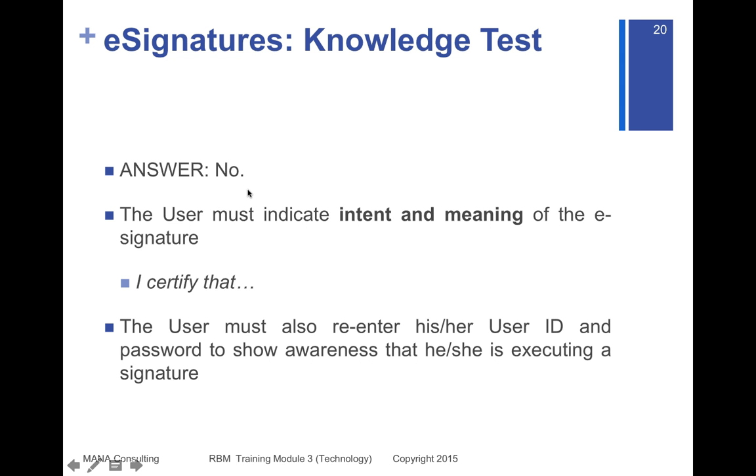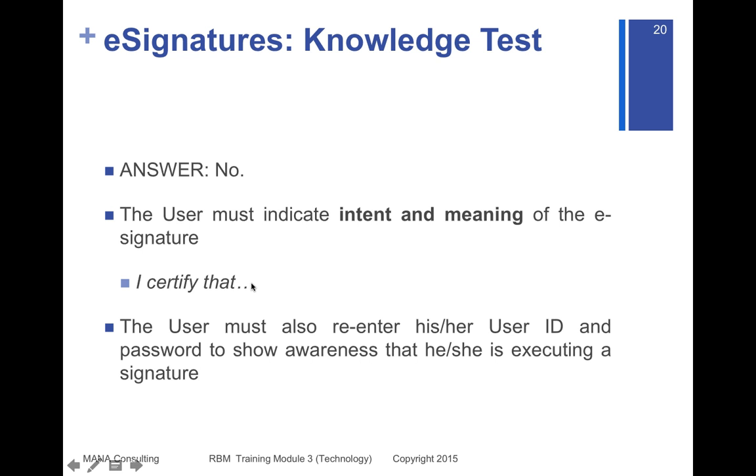You got the no. And that's because the user must indicate intent and meaning of the e-signature. This is important because we use this when we do our certification of electronic, making certified electronic copies. You have to have some kind of attribution, some kind of attestation language.